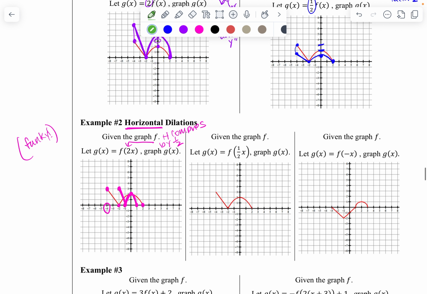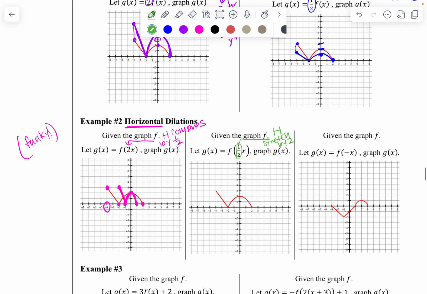All right, let's look at this one. Again, this change is in the parentheses, which tells me it's horizontal. Remember, it's funky town, so it's not really multiplying by 1/2. It's going to multiply by the reciprocal, or the opposite of it, which means it's going to stretch by a factor of 2. So everything horizontally is now being stretched outwards by double. This, remember, was at -4, and now it's going to be at -8.